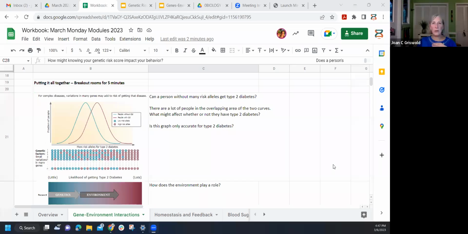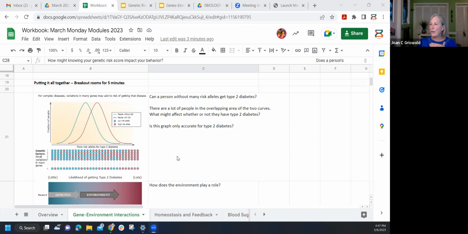So what I'd like to do now is, does everybody have access to the workbook? Okay. We're going to go into groups and talk a little bit more about the chart. If you can see this, we're going to go into breakout groups.